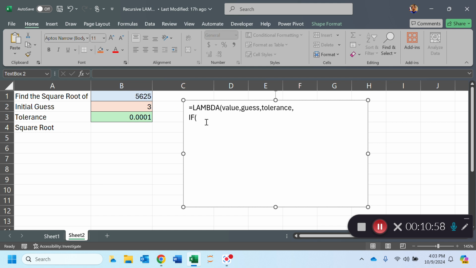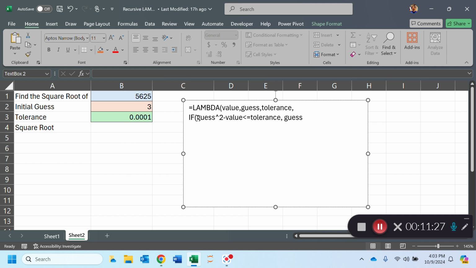And that is if we are going to square the guess, and if that has to be equal to this value, or very close to that value. So guess squared minus the value. If that difference is less than or equal to the tolerance level, then the result is guess.